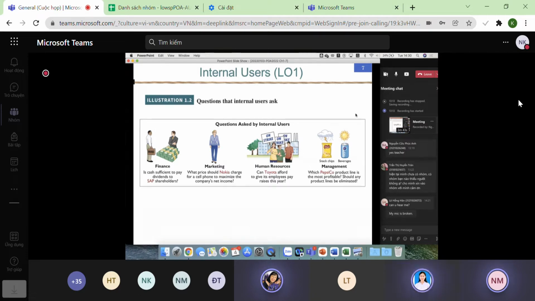So we compare between two groups of users. Internal users need detailed or general information? What do you think? I think detailed information. Detailed and continuous or periodic information.